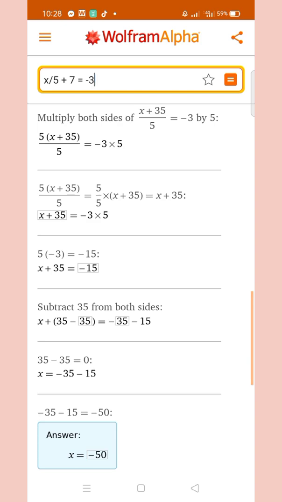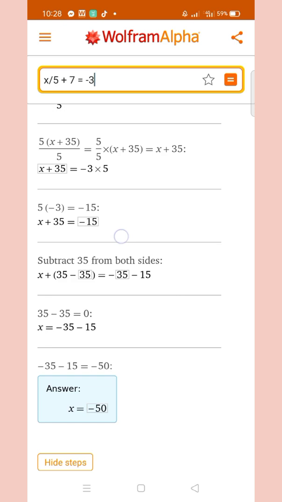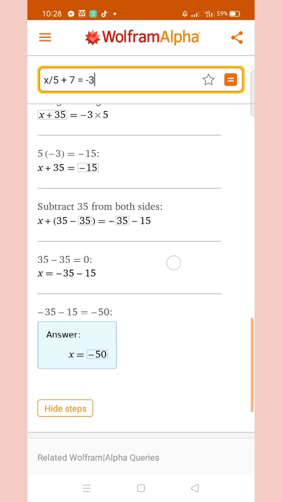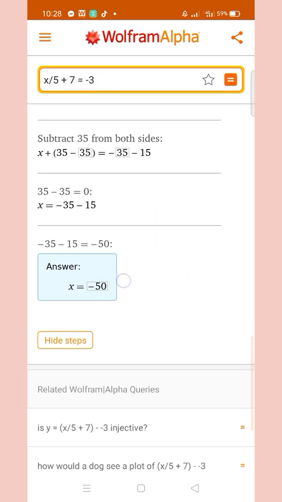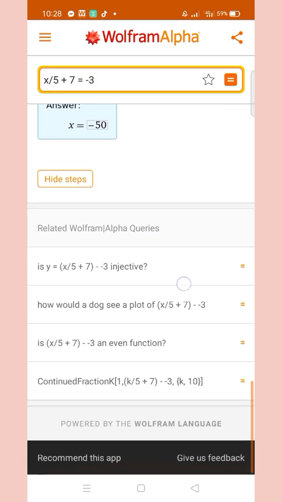So we will get 5 times the quantity of x plus 35 over 5 equals negative 3 times 5. Then we get x plus 35 equals negative 3 times 5. 5 times negative 3 equals negative 15. So x plus 35 equals negative 15. Then subtract 35 from both sides. So x plus the quantity of 35 minus 35 equals negative 35 minus 15.